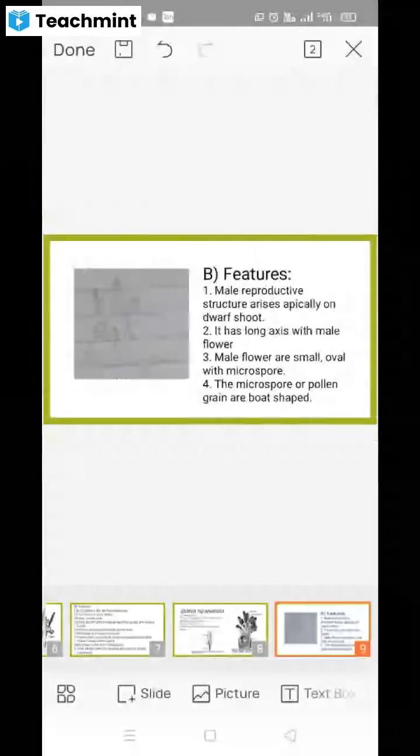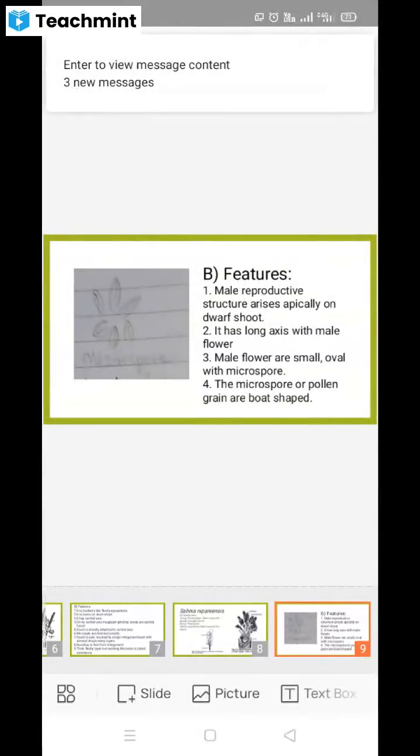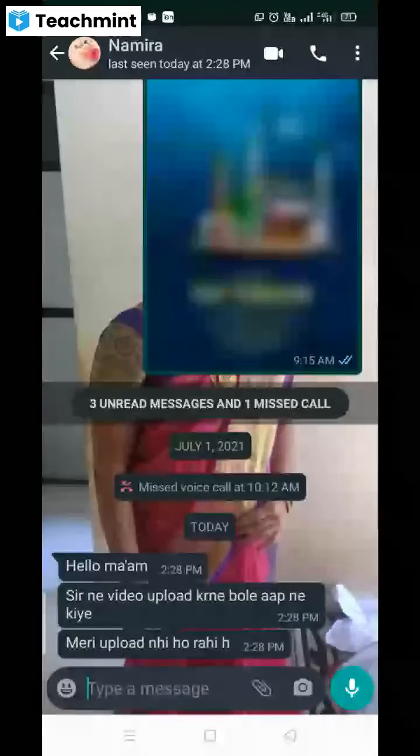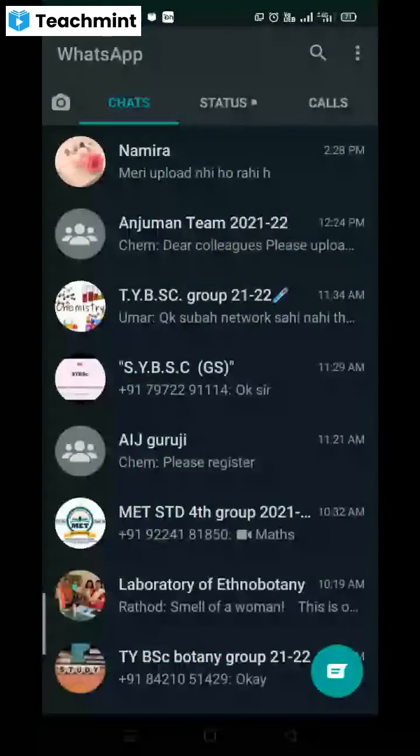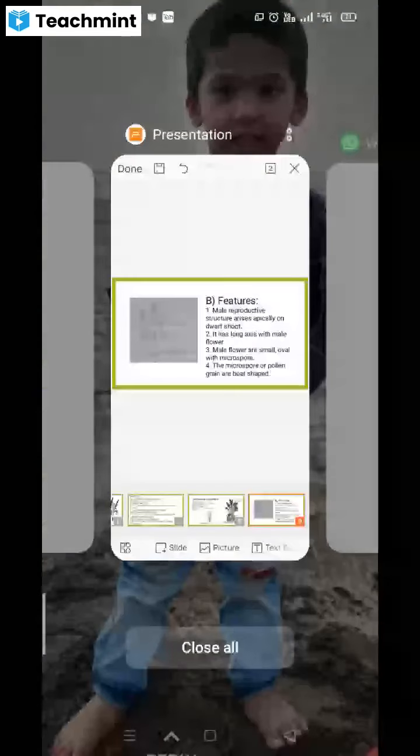If we consider the characters of the male reproductive organ of Sahania nipaniensis, these mostly arise apically on the dwarf shoots.